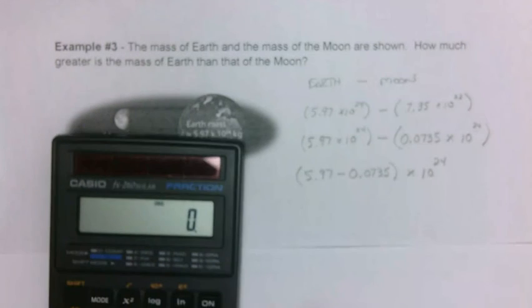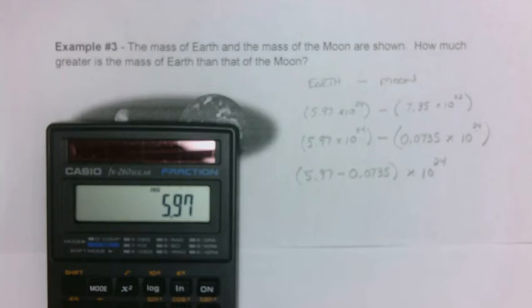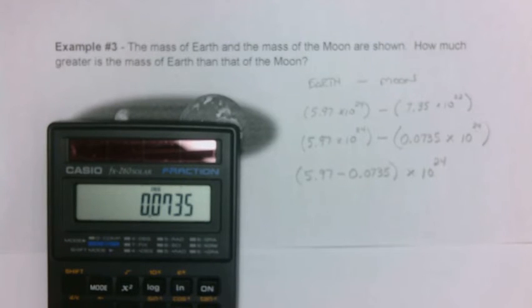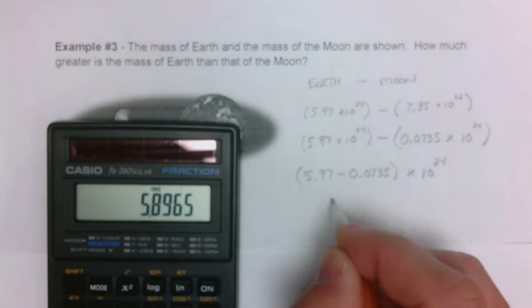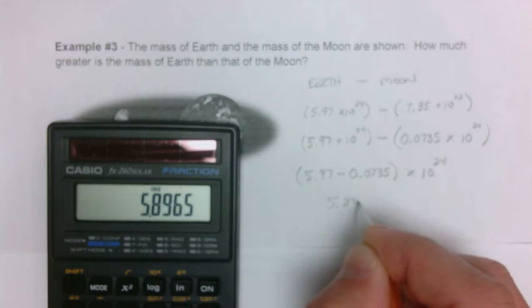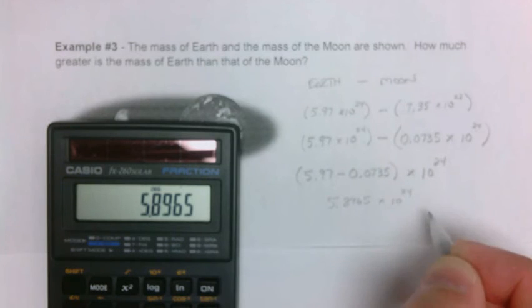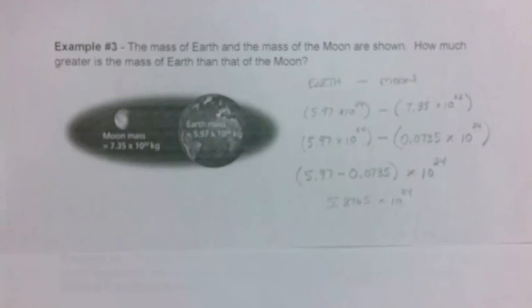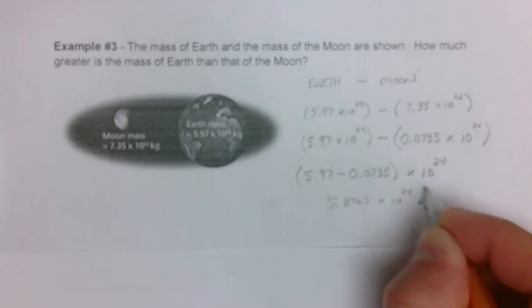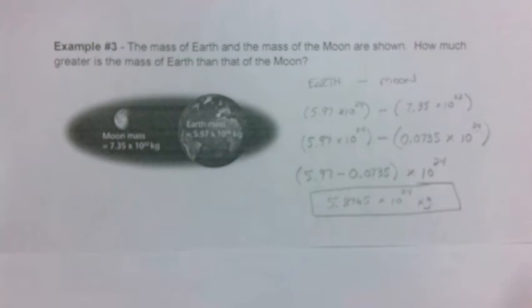So let's punch this in. 5 and 97 hundredths minus 735 10,000ths, and we get 5 and 8,965 10,000ths times 10 to the 24th, and the masses were measured in kilograms. So the Earth's mass is 5 and 8,965 10,000ths times 10 to the 24th kilograms larger than the mass of the moon.